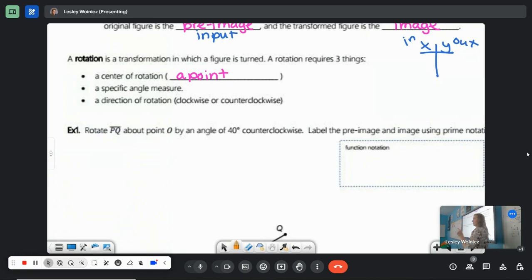Now, in math, counterclockwise is the positive direction. Okay, clockwise is actually negative. And the quadrants actually go in that order. Have you guys seen where everything is positive, that's the first quadrant?